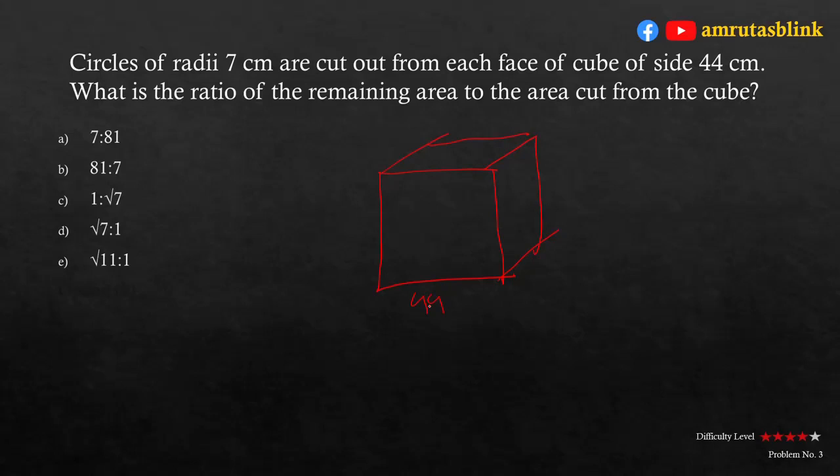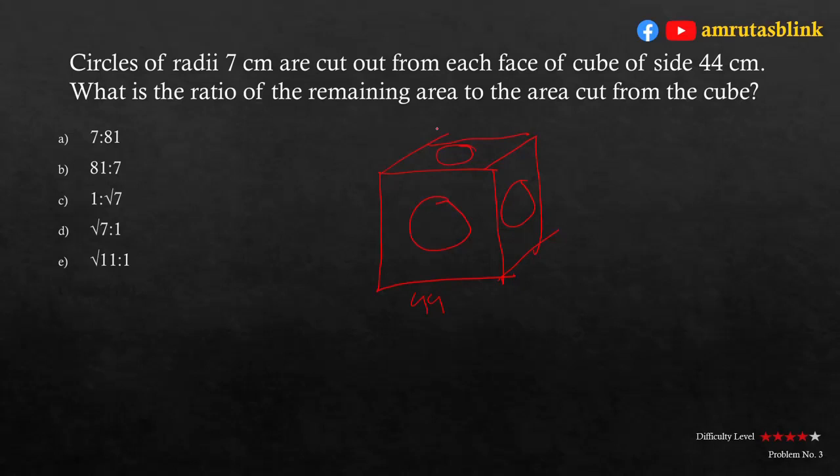Now what you are doing is you are cutting out a circle of radius 7 centimeter from each face of the cube. So here there is one cut, here there is one cut, here there is one cut. Similarly, it is on all the 6 faces, something like which we do for our Diwali lanterns.